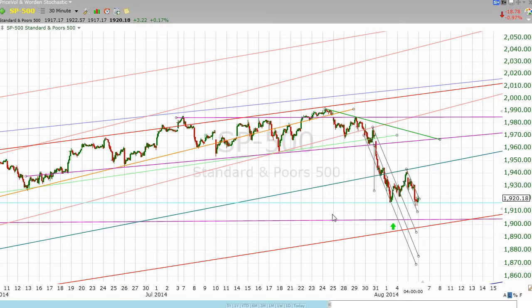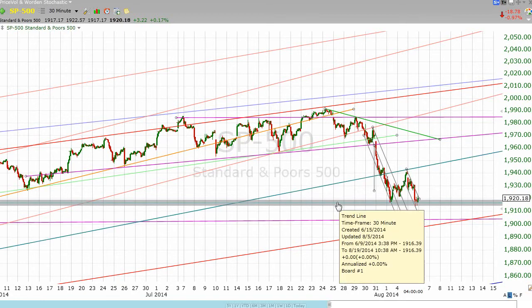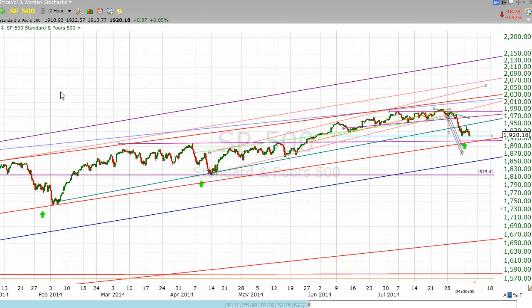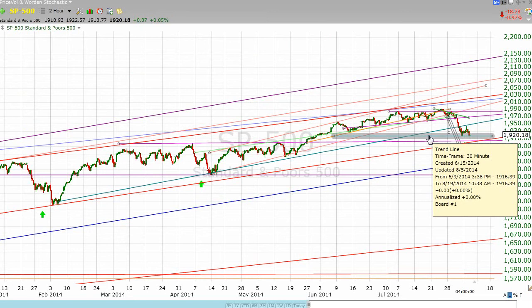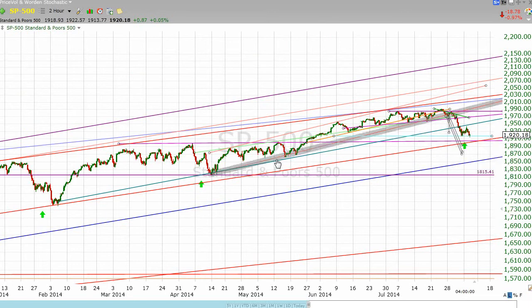Interesting to note. Remember this turquoise line, just to remind you, is the 40% retracement line from the bottom of this right shoulder in this head and shoulders pattern. Okay? Let me just highlight the head and shoulders pattern. There it is.